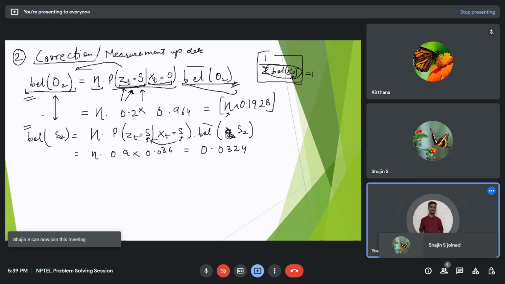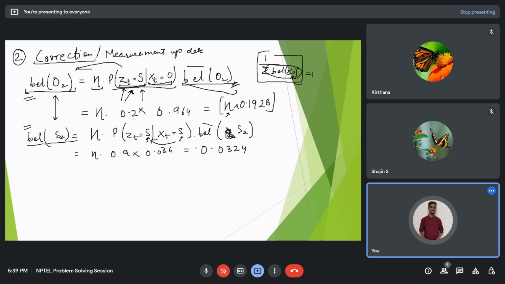Basically these are each times eta, and these are your updated beliefs after your robot has interacted and you have incorporated the sensor values. But how do you get the value of this variable eta? You can see that these are the probabilities for the same variable being either open or shut.